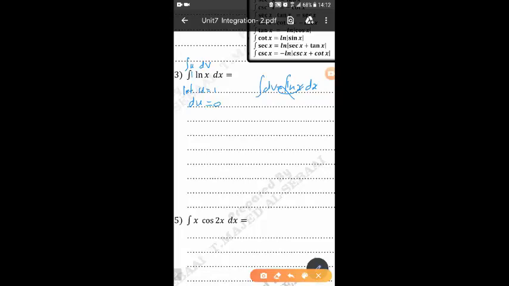Okay? Now, listen. I can say that u equal ln x. Why ln x? Because it's easy to differentiate. While dv equals 1 dx. I can consider 1 here.